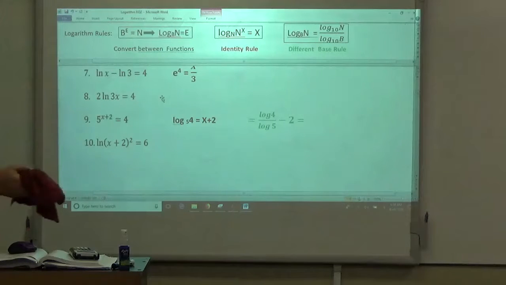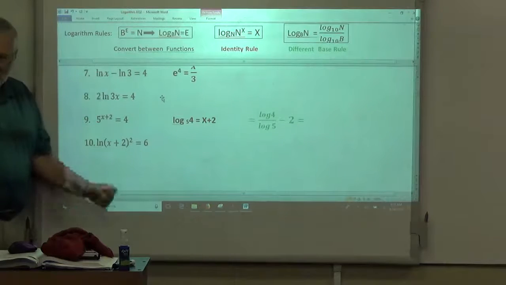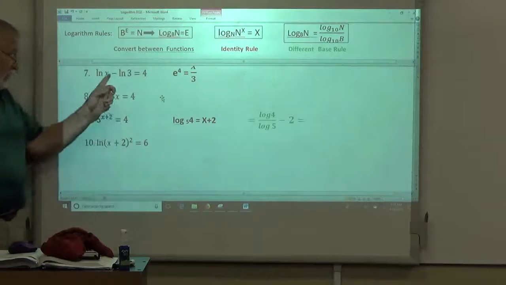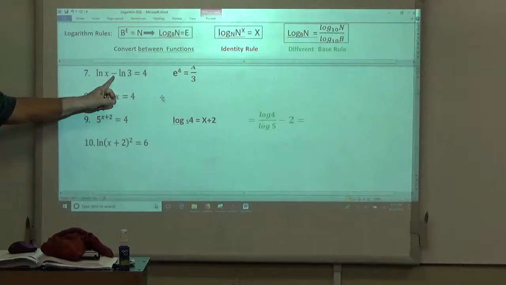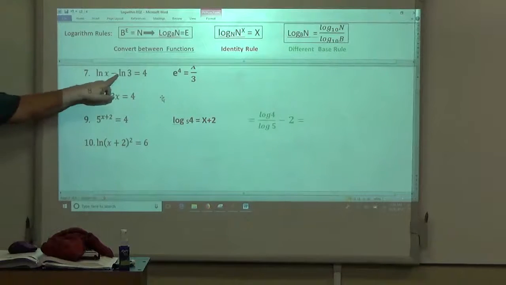All right, now let's look at the next one. All right, again, if you don't know what ln of x is, then we really can't do much, so we have to change it, right? Okay, so, you see this minus sign? What does it mean? That the exponents were divided, so I have x divided by 3.